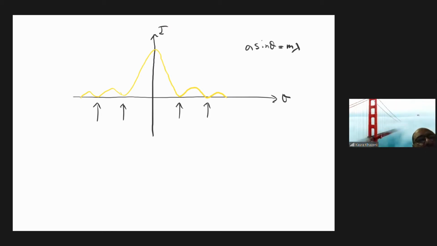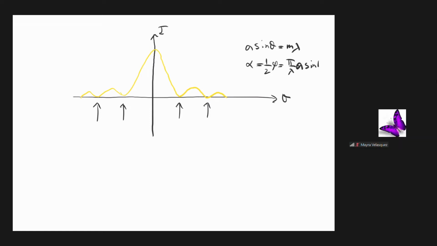So this is where m is equal to 1. And alpha is 1/2 phi, which was pi over lambda a sine of theta.